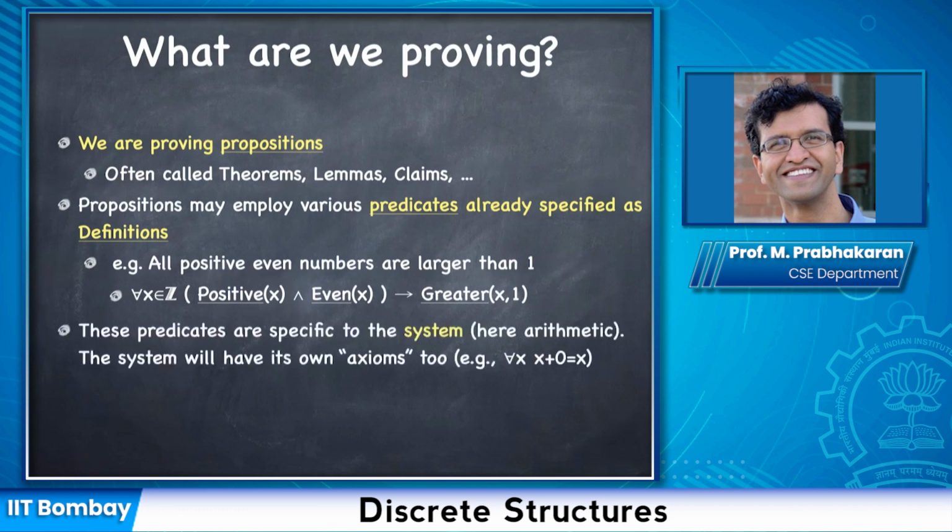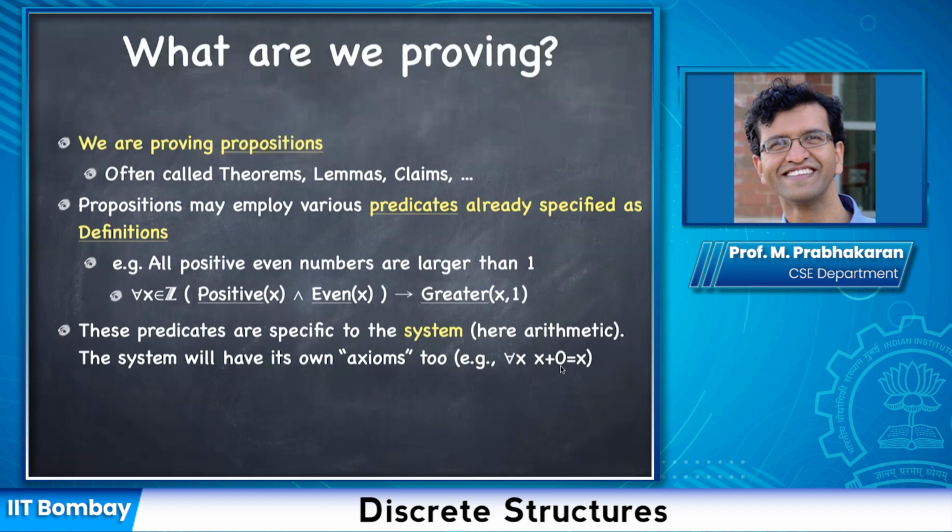So these propositions we are trying to prove, they will be stated in terms of these predicates, and the proofs we are trying to come up with for them can use other propositions. So these are axioms in the system. For instance, a simple arithmetic system could have an axiom like for all x in Z, x plus 0 equals x, right?